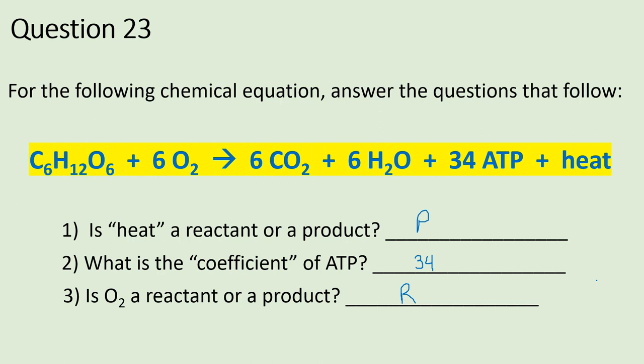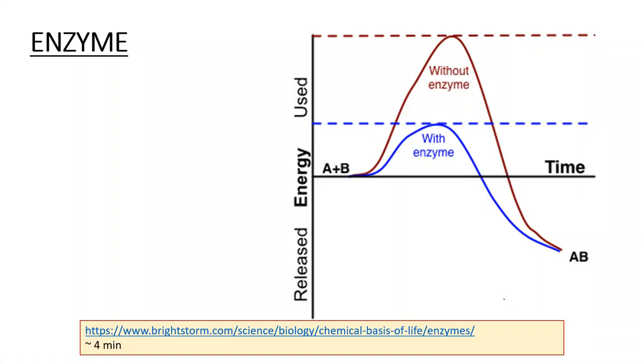Again, anybody happen to know what equation this is? Well, if you said the cellular respiration equation that takes place in the mitochondria making ATP, you would be correct. You're going to see that equation again.